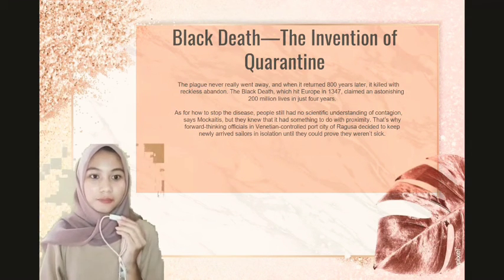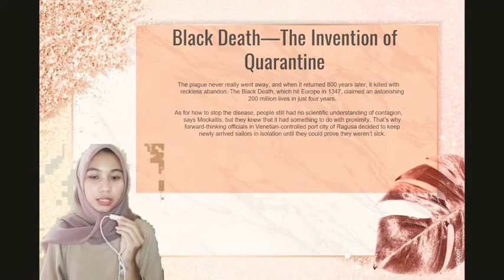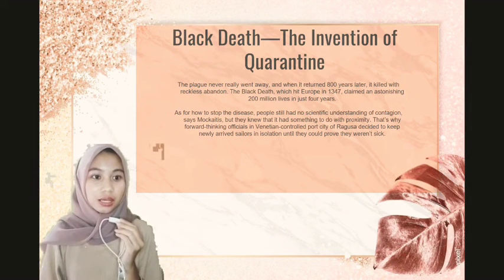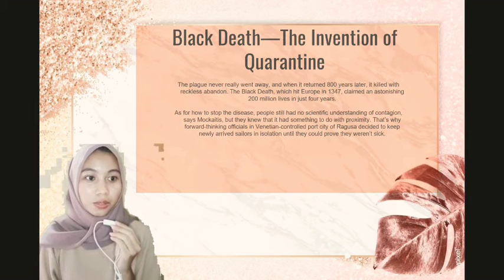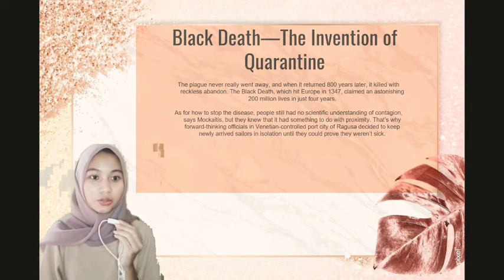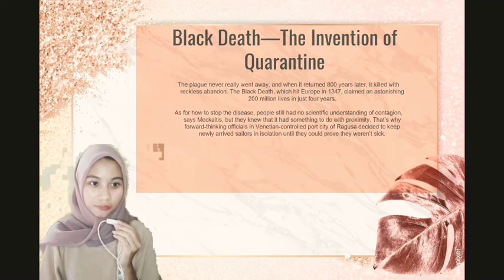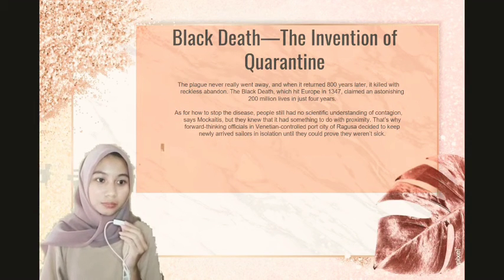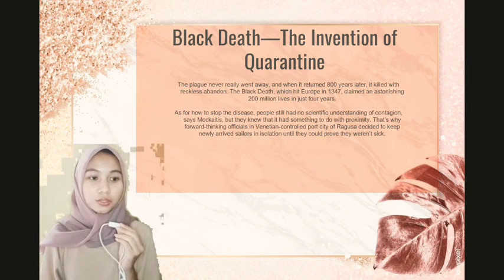The plague never really went away, and when it returned 800 years later, it killed with reckless abandon. The Black Death, which hit Europe in 1347, claimed an astonishing 200 million lives in just 4 years.